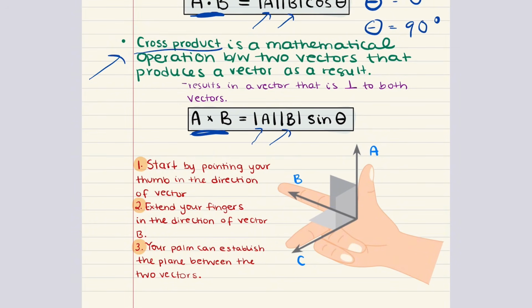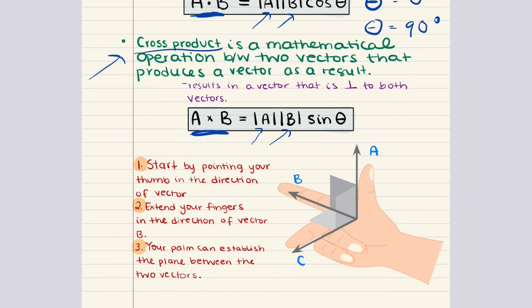Now, we're multiplying these two vectors together and it produces a vector as the result. If we're producing a vector as a result, keep in mind vectors have magnitude and direction. How do we figure out the direction of our vector from the cross product? Well, the direction of the resultant vector is determined using the right-hand rule.